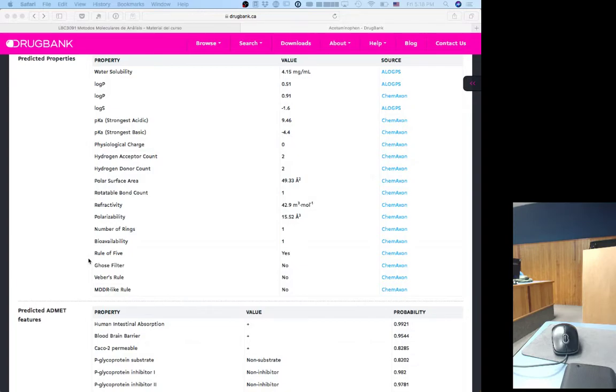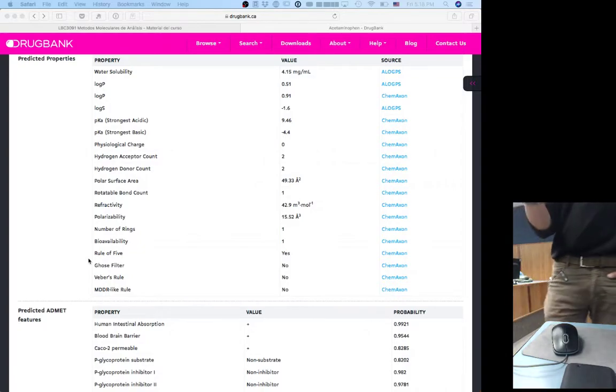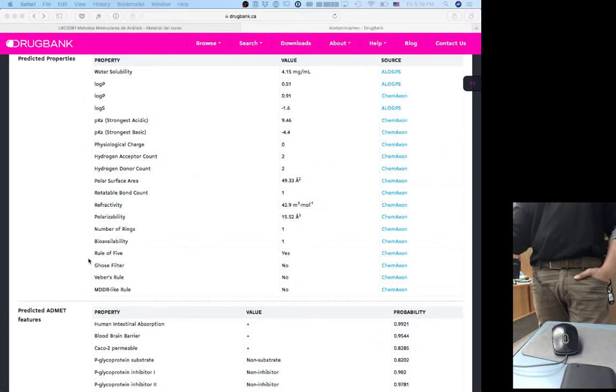If any of those values is exceeded or not met, the drug is unlikely to be useful. And as you can imagine, some are very obvious, like the molecule cannot be too big, or it cannot be too hydrophobic, and others are less obvious, such as the hydrogen bond counts or donors. How will that affect? It's not as obvious to see, but that can be predicted.